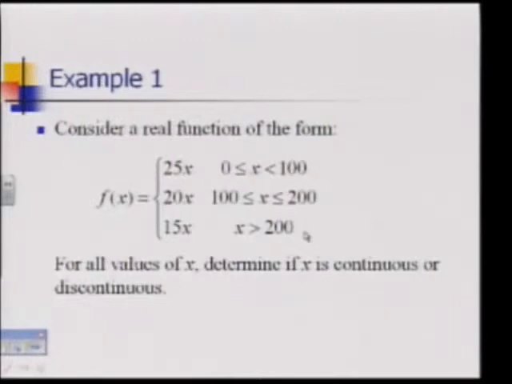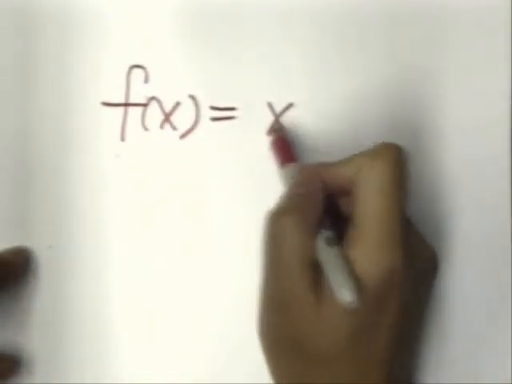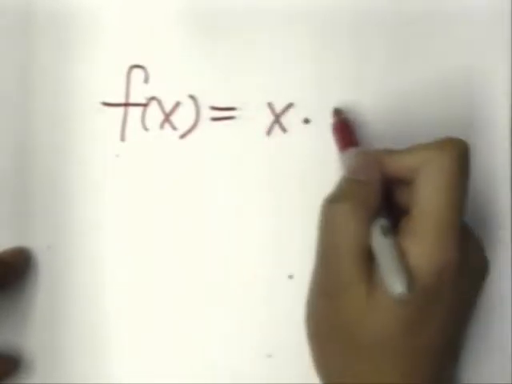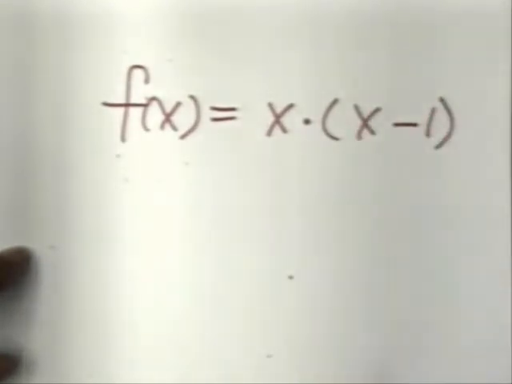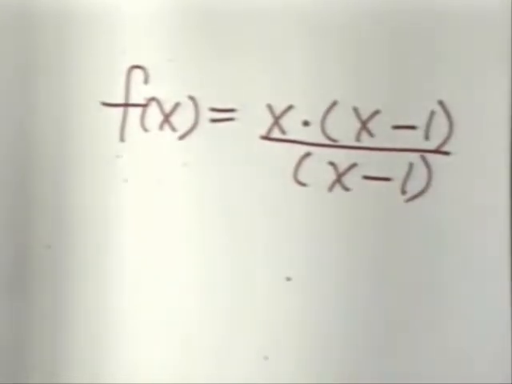For example, you have f of x equals x times (x minus 1) over (x minus 1). Let me write it down and show everyone. Wouldn't the limit still exist?